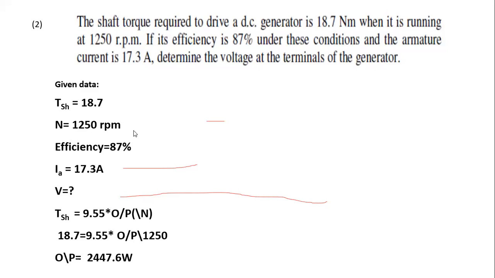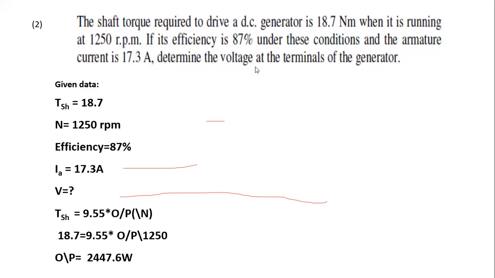Therefore the speed is equal to 1250 RPM. If its efficiency is 87%, therefore the efficiency is 87%. Under this condition, armature current Ia is equal to 17.3 amperes.